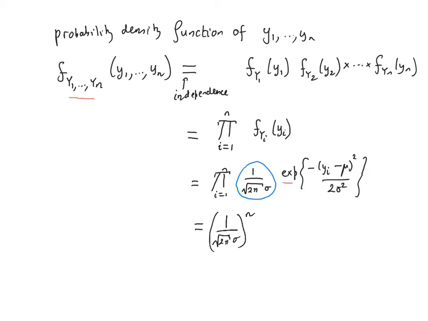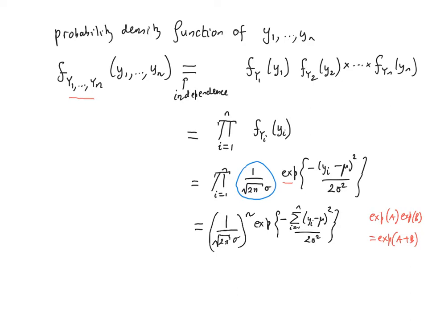And it's a fact that if we look at the exp of A times the exp of B, then that is equal to the exp of A plus B. So we can add the exponents. So that means we end up here with exp of adding up the exponents. We just need to bring in there a sum term to add up all those terms. So that's a simplified version of this joint probability density function of all the data.